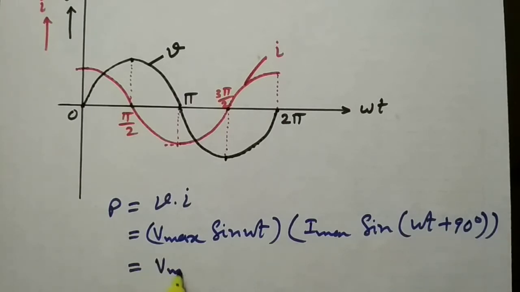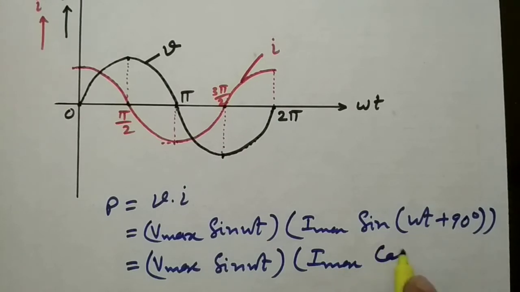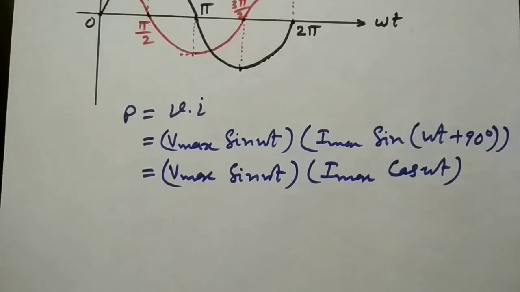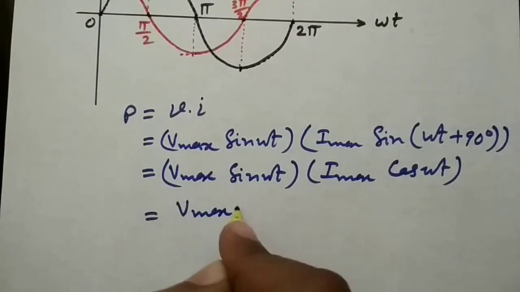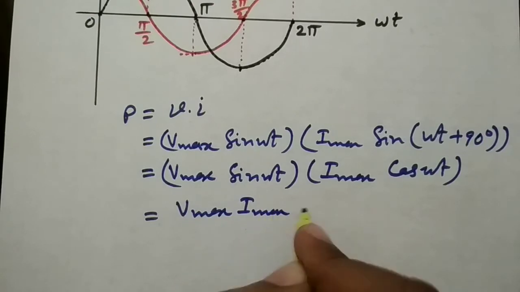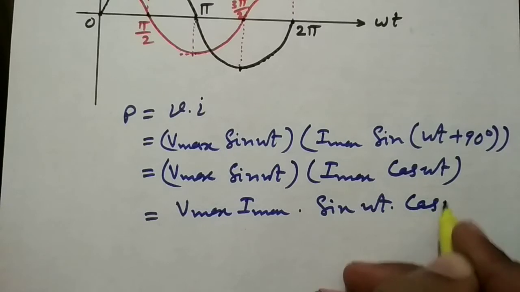So this is Vmax sin omega t into Imax cos omega t. So in the next step, it will be Vmax into Imax into sin omega t into cos omega t.